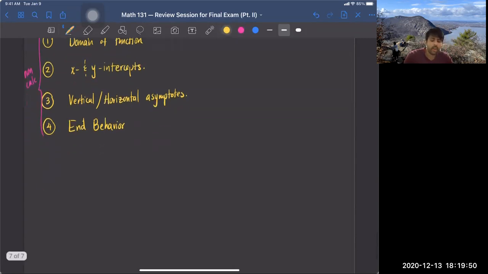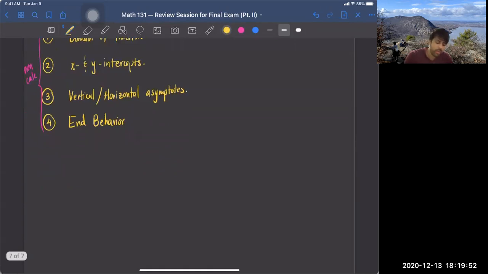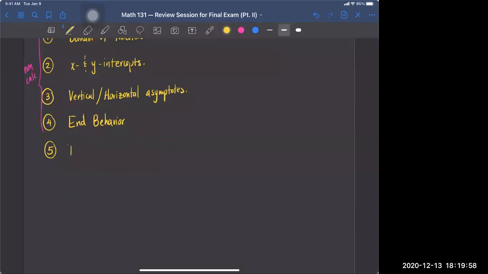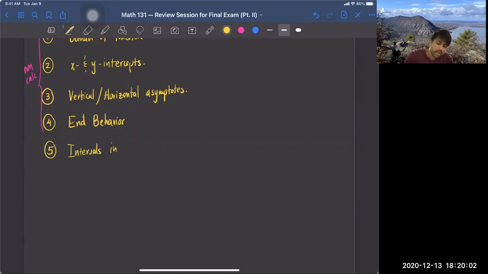And then after that is all the calculus stuff that we've done, right? The first thing, of course, is to figure out the intervals of increasing and decreasing. But the key here is the critical numbers, so we have to figure out the critical numbers. That's the first important spec of our graphs.